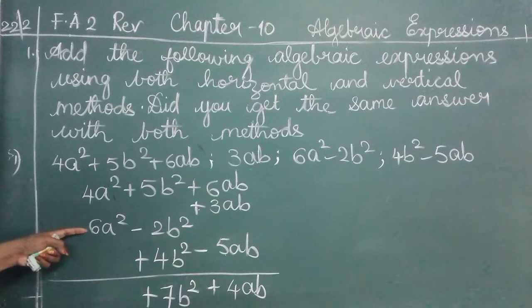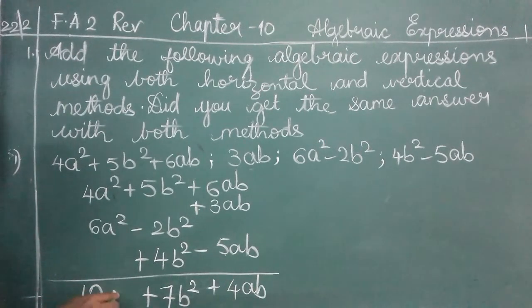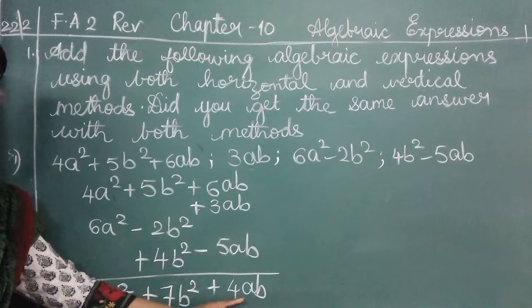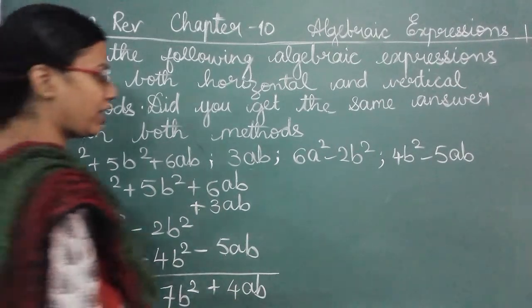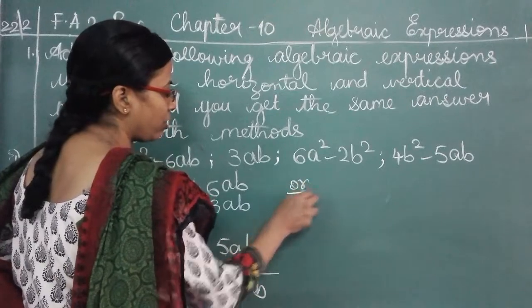Now 6 plus 4. 6 plus 4 is 10. So this is 10a square. So you got the answer as 10a square plus 7b square plus 4ab. This is your vertical method. Now let us do the horizontal method.